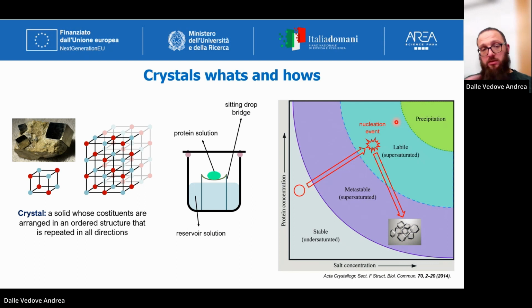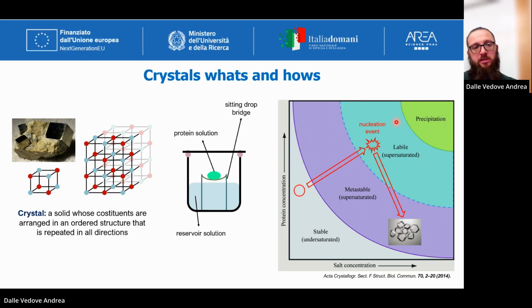The setup is not particularly fancy. We have multi-well plates, no matter the number of wells, in which we put a reservoir solution that is a mix of an extremely different array of, let's call them, ingredients. We may have buffers, salts, polymers, solvents, more fancy molecules. There is more or less no limit.